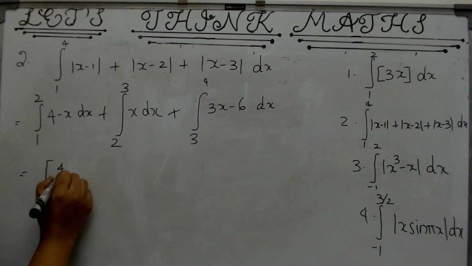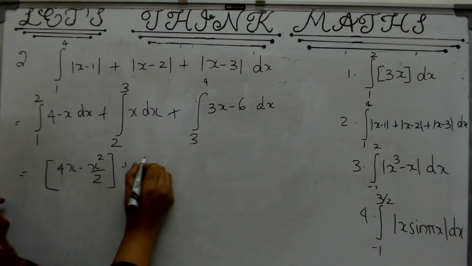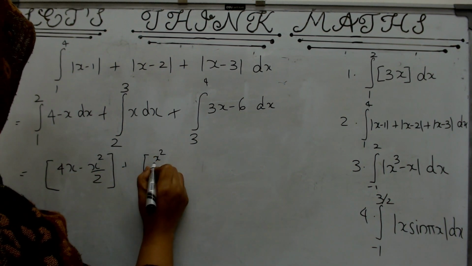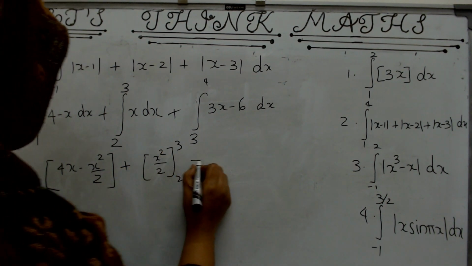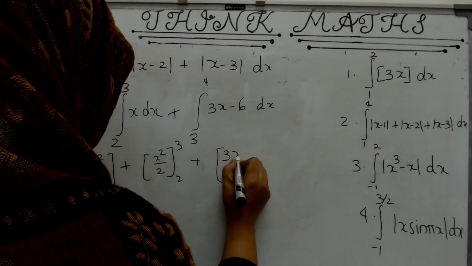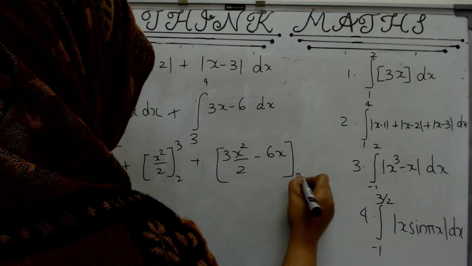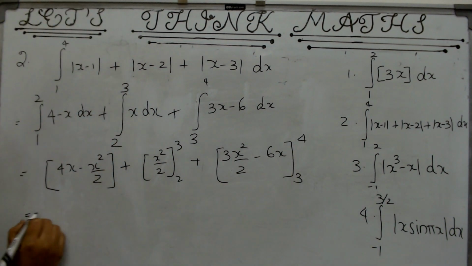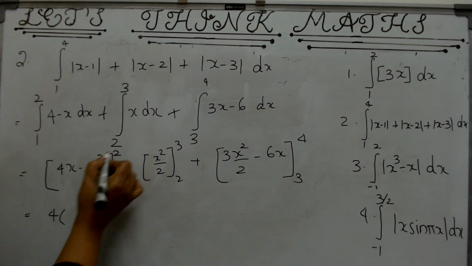Here you get 4x minus x square by 2 plus x square by 2. So this would be 4 into what are the values? 1 to 2, right?